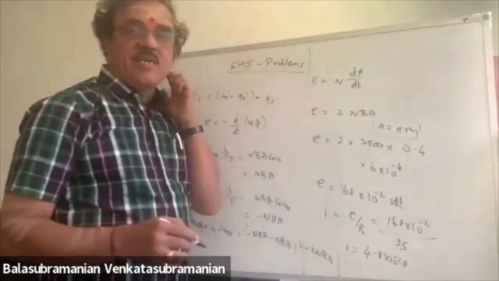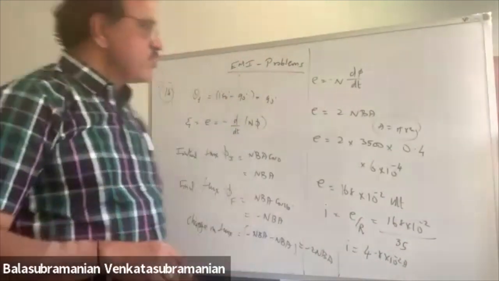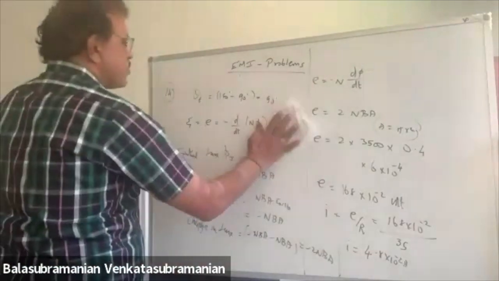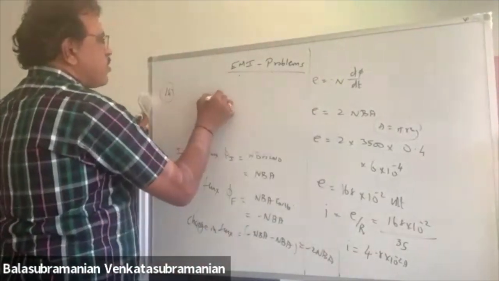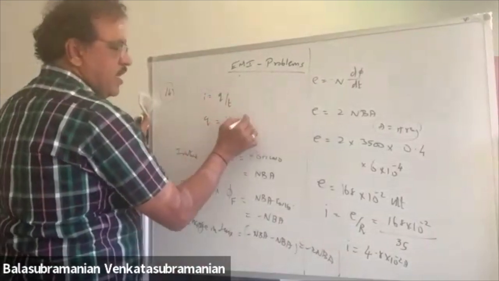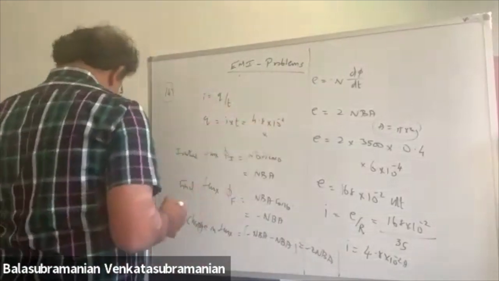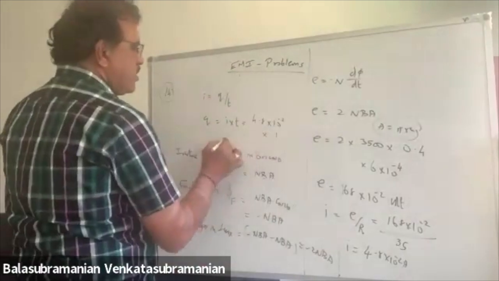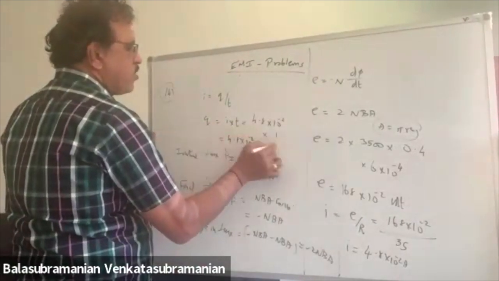But the question is not the current to be calculated. You have to calculate the charge. Charge is current into time. I is equal to Q by T, so Q is equal to I into T. I is 4.8 into 10 power minus 2. Time taken is not given, so 1. So 4.8 into 10 power minus 2 coulomb.